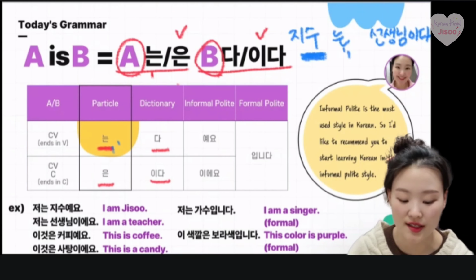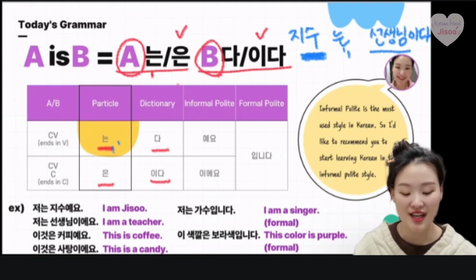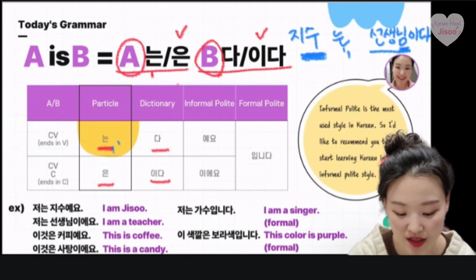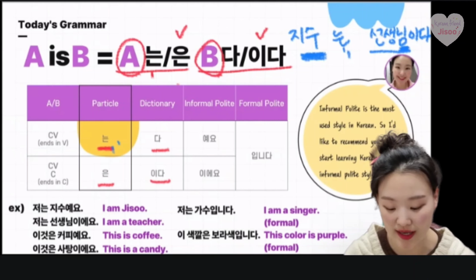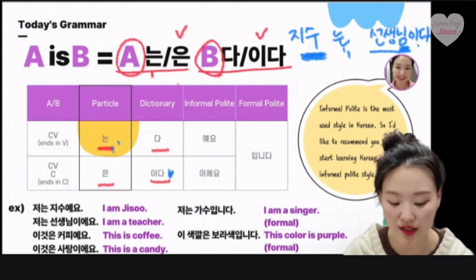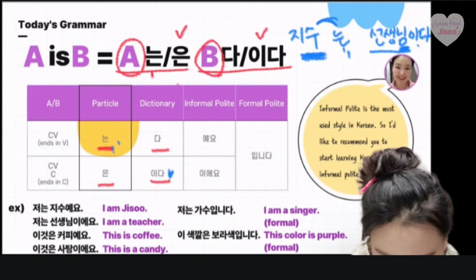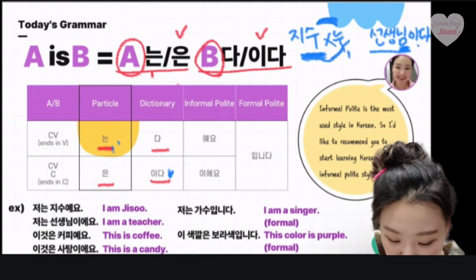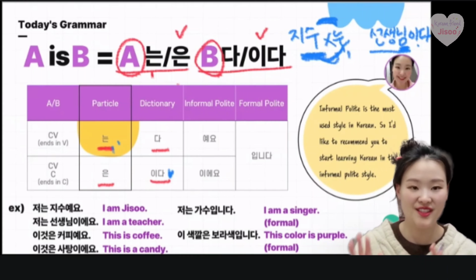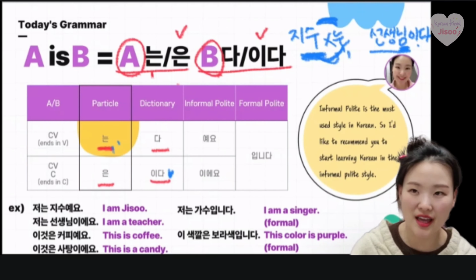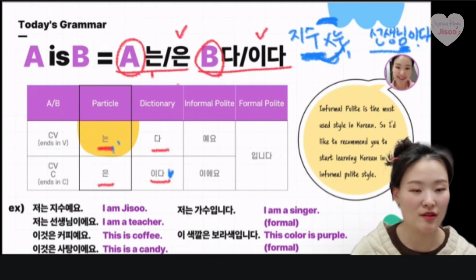And 선생님, which means a teacher, has a bottom consonant at the very end letter, 님 here. Can you see the 미음 here? So I chose 이다 for 선생님. 지수는 선생님이다. You don't actually have to give a space here. You just put them together. 지수는 선생님이다.